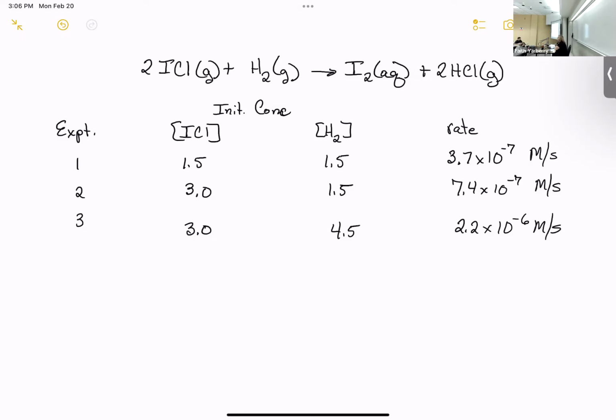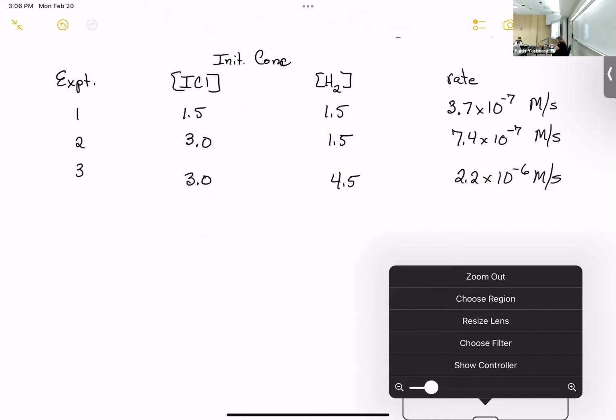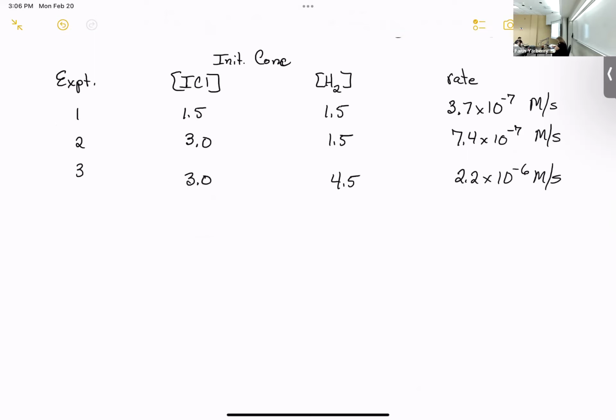So in the method of initial rates, you can determine the order with respect to one of the components by holding the other component constant. The reason this works is we can write a rate law for each experiment.